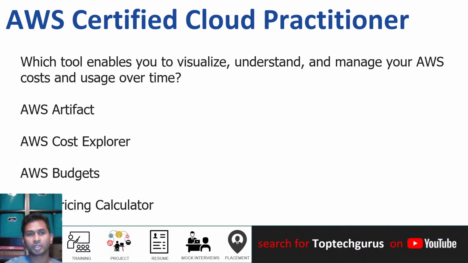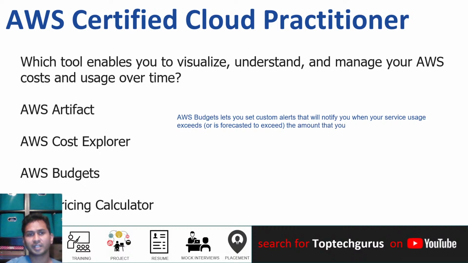But if you're not sure, let's read the other options and eliminate the rest. AWS Artifact: this one has two types of functionalities.